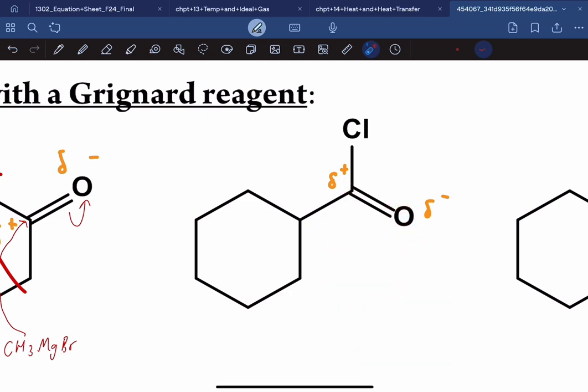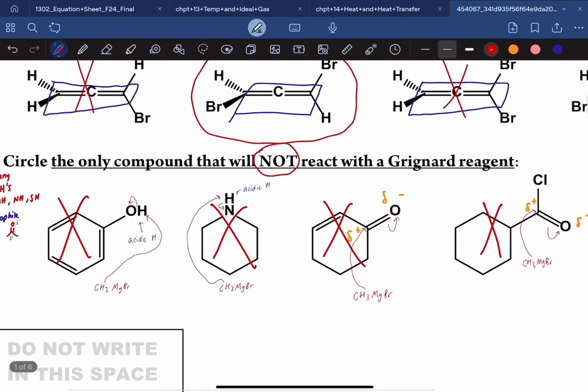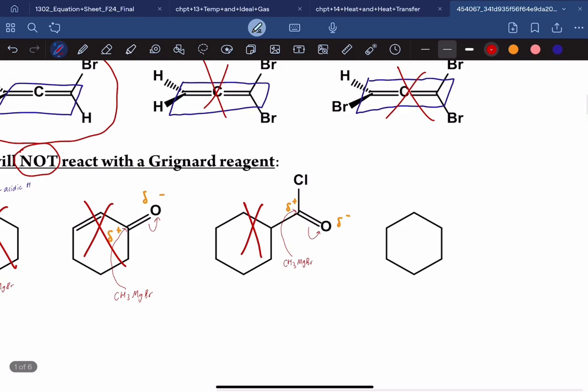But yeah. So what happens here is same thing, CH3MgBr. And it'll just come in here, attack that, and kick that there, right? So again, this is not the answer. This is wrong.